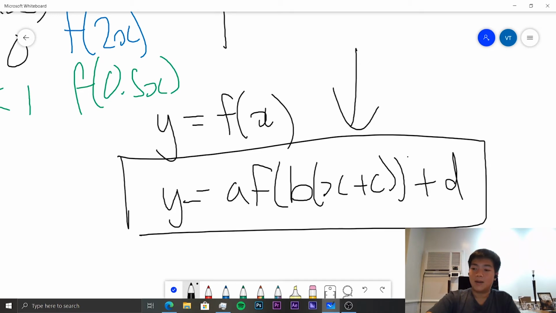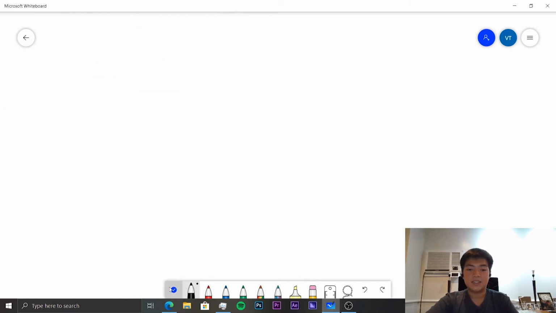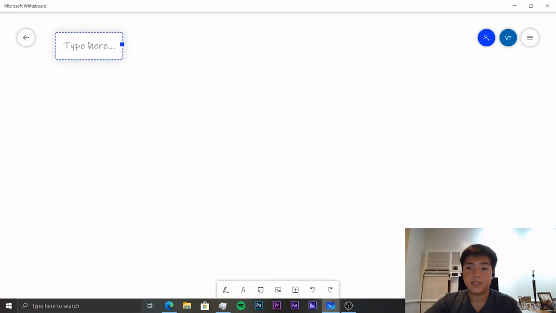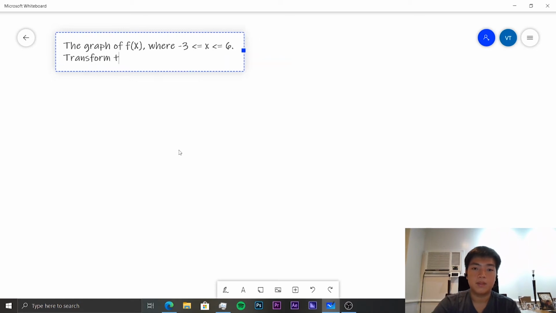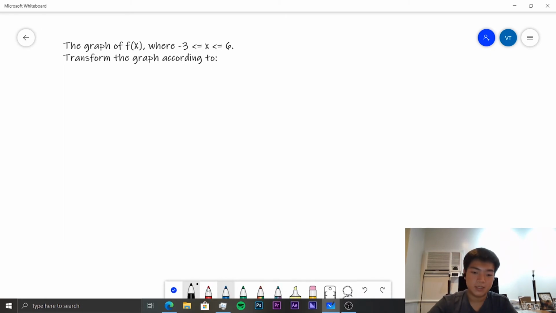I'm feeling like the odd questions today. So we'll be doing the first question, and we have the graph of f of x, where negative 3 is less than or equal to x, which is less than or equal to 6, and we need to transform the graph according to some given functions.